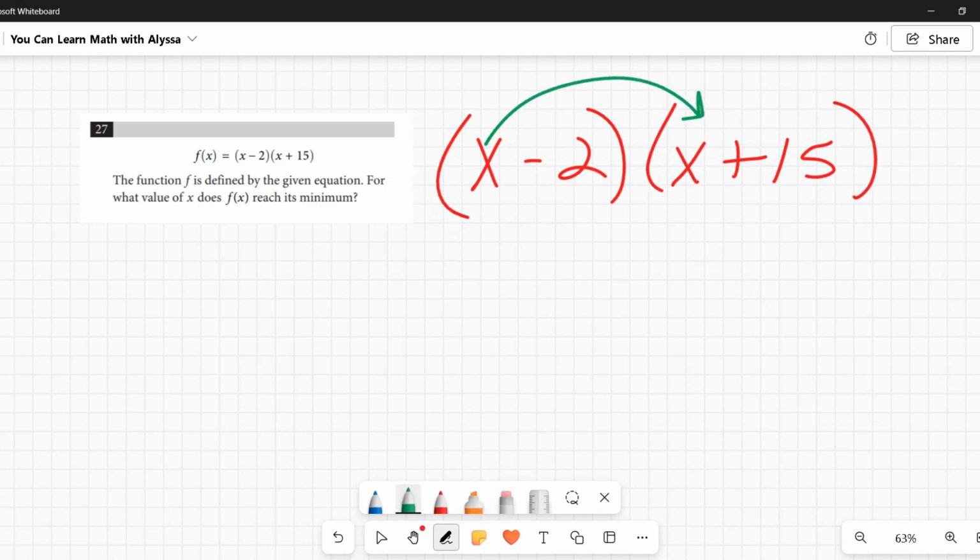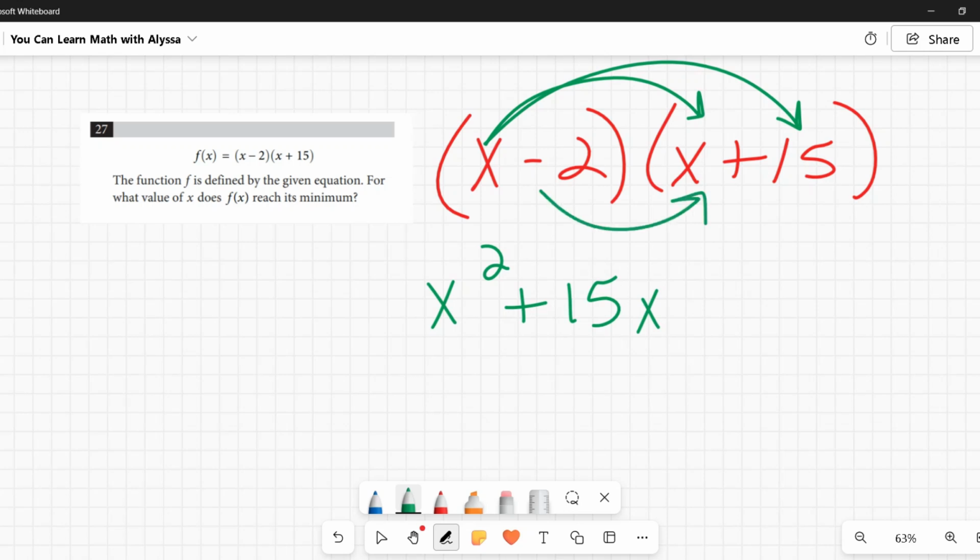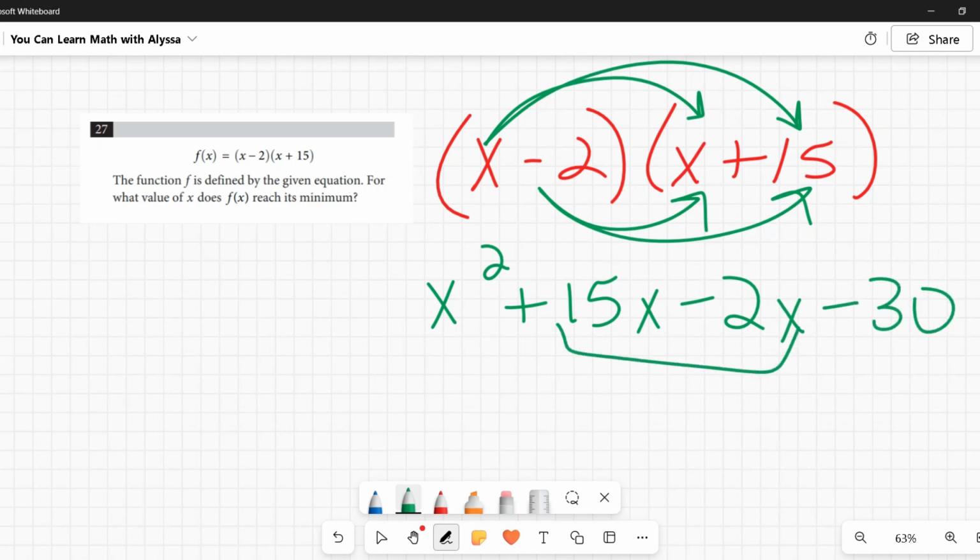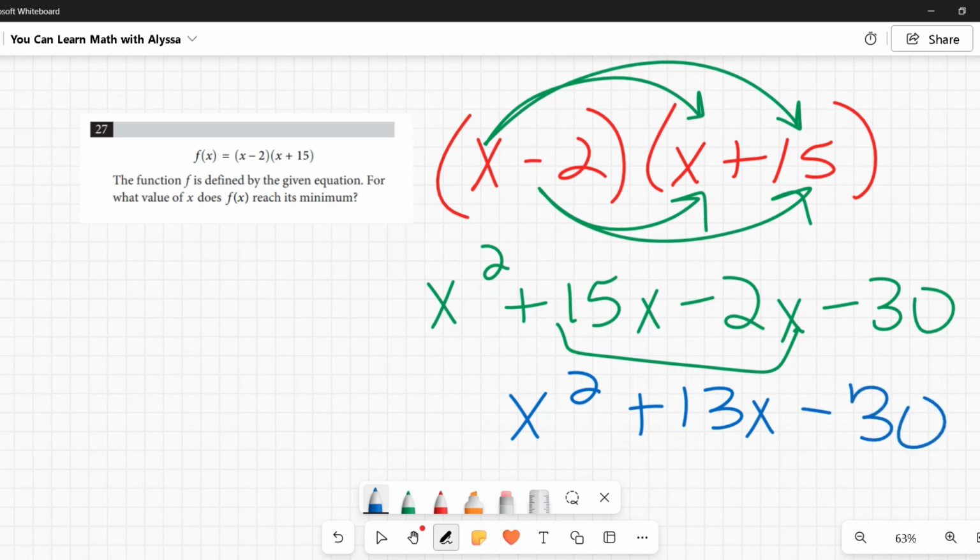So x times x is x squared. X times 15 is 15x. Negative 2 times x is negative 2x, and negative 2 times 15 is negative 30. Combine those like terms, and we get x squared, 15x minus 2x is 13x, minus 30.